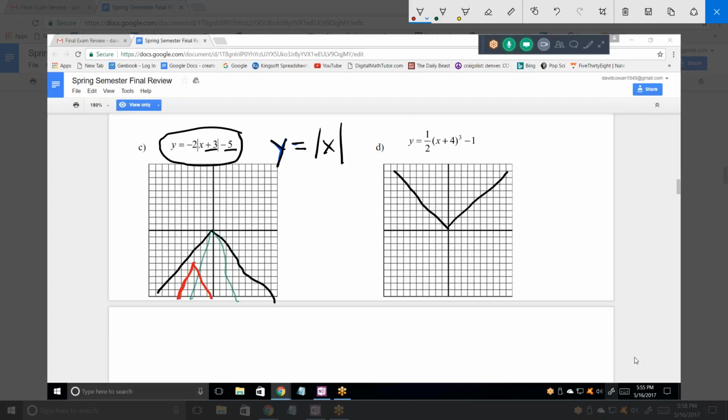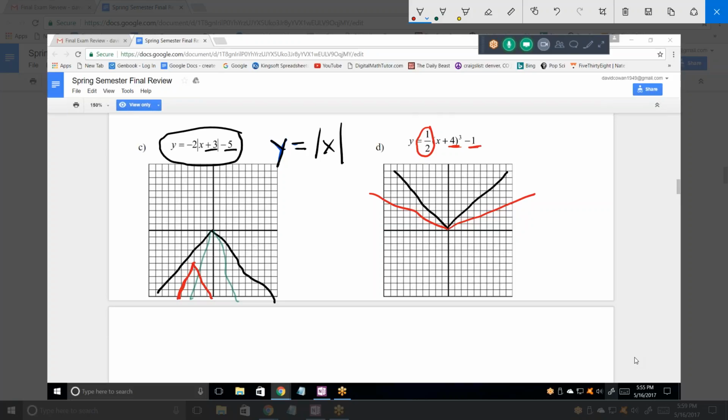It's like if I wanted to do D, the first thing I'm going to do on D is this shrink factor, and I know how to draw that almost perfectly. I don't have to do much estimation. I just got to change the slope by half. So I'm going to take back what I said earlier. I would do my stretches and shrinks first before I do my shifts.